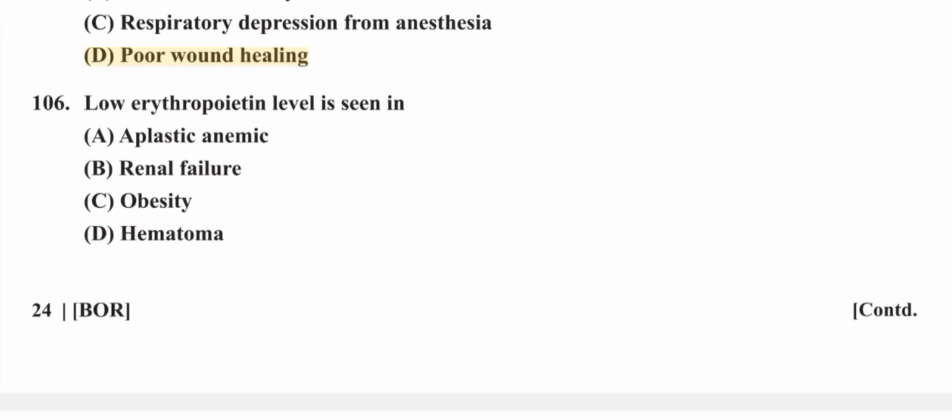Next question: low erythropoietin level is seen in aplastic anemia, renal failure, obesity, or hematoma. Answer is renal failure.